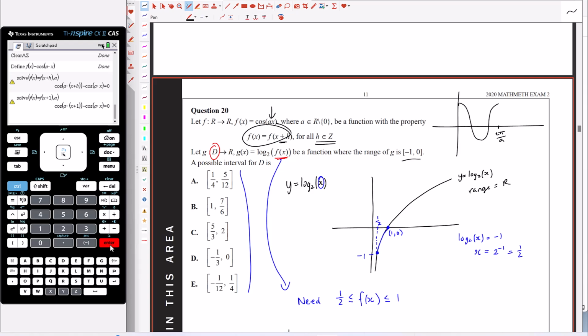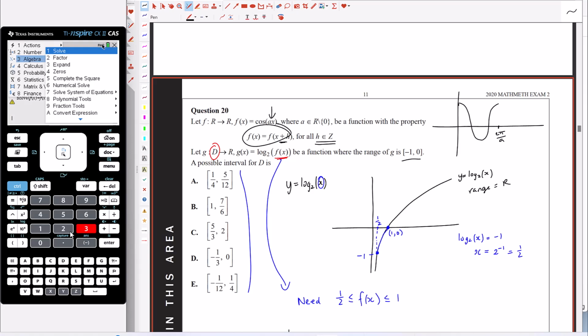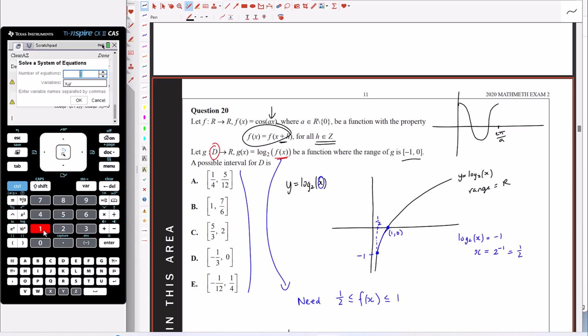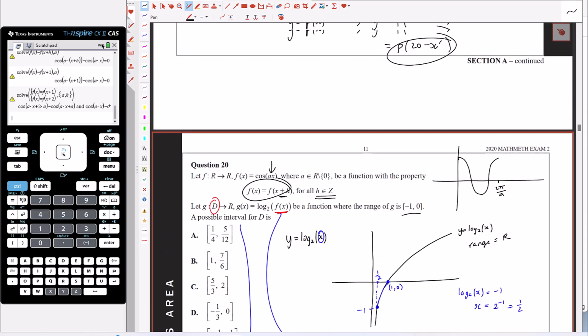I don't think it'll like this either, because we've got two unknowns in that. What if we told it that f of x is the same as f of x plus 1, and also that f of x is the same as f of x plus 2? Obviously it's true for every single integer. No, okay, I think we still need to think graphically about it.